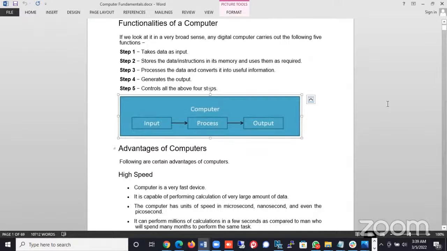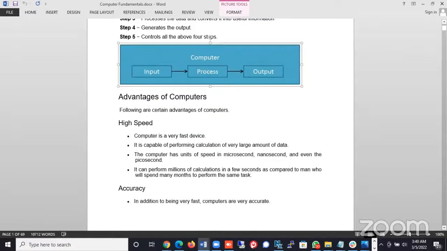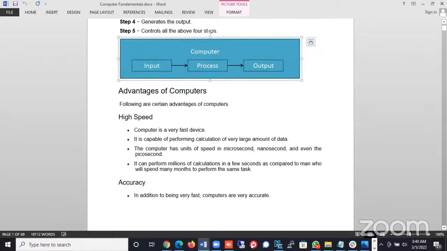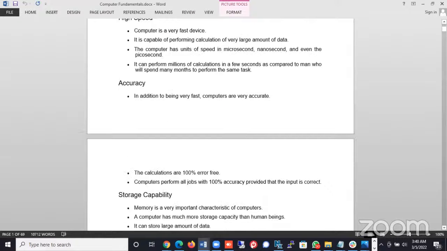So there are so many advantages of what a computer is. It's a high speed computer, it is very fast. It is capable of performing many calculations on huge numbers. It has accuracy and is very fast.